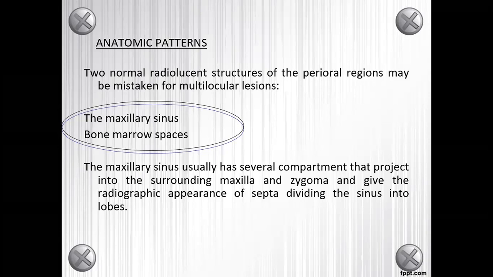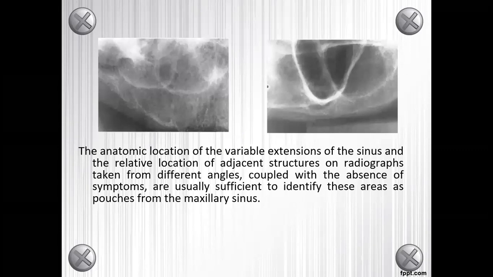The maxillary sinus usually has several compartments that project into the surrounding maxilla and zygoma, giving a septae-like appearance. If you see these two pictures, there is a line here, so they almost look like septae. And there is a line here; it almost looks like locules, especially in the case of soap bubble, because a soap bubble has round locules, 6 or 7 in number.